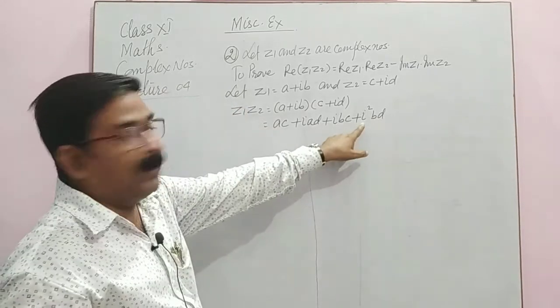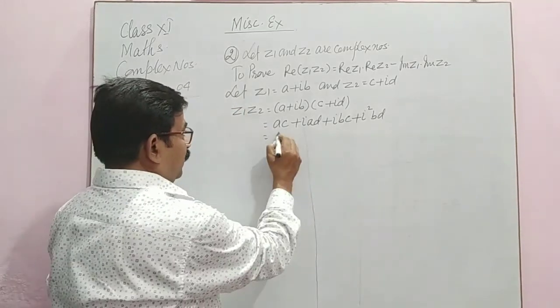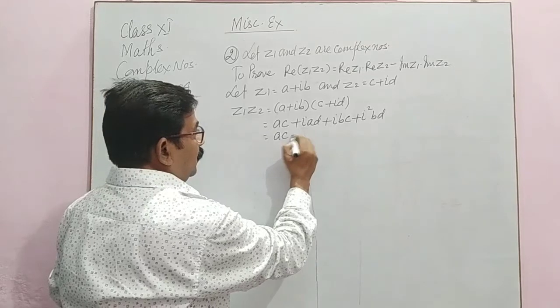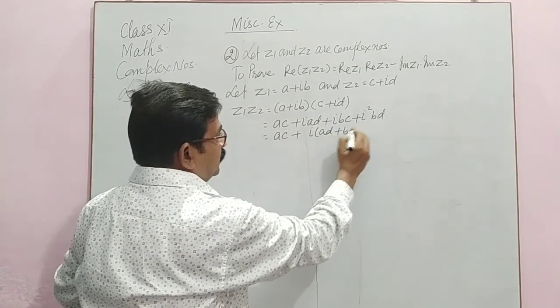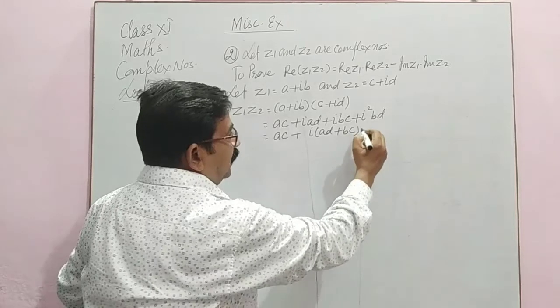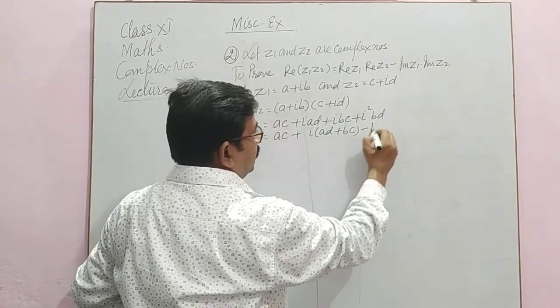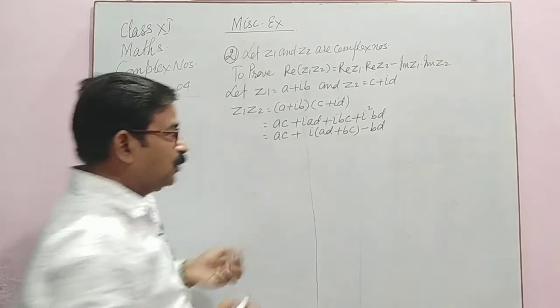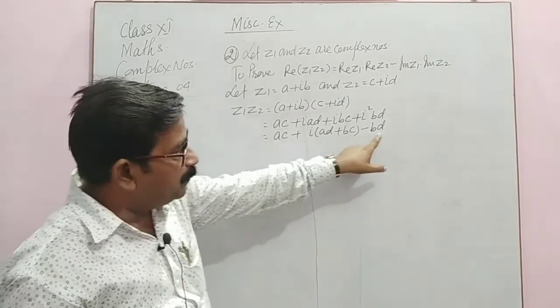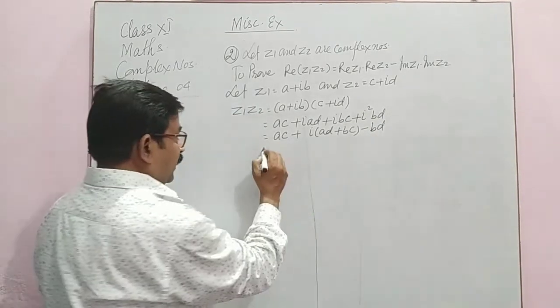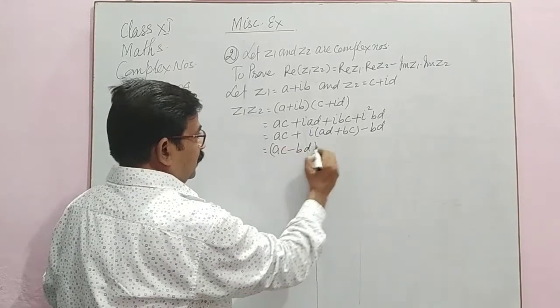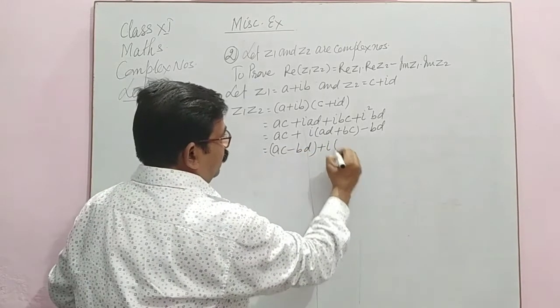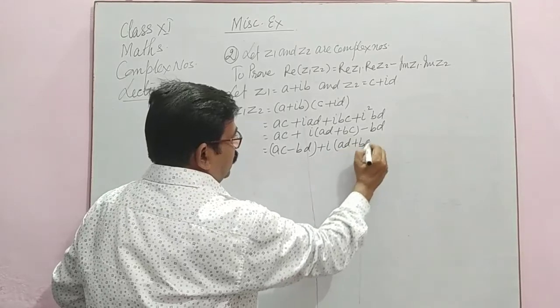I square is equal to minus 1. So we have ac plus I common here, we have ad plus bc, and here minus bd, because I square is equal to minus 1. So ac is real part, bd is real part. So we can write this as ac minus bd plus I times ad plus bc.